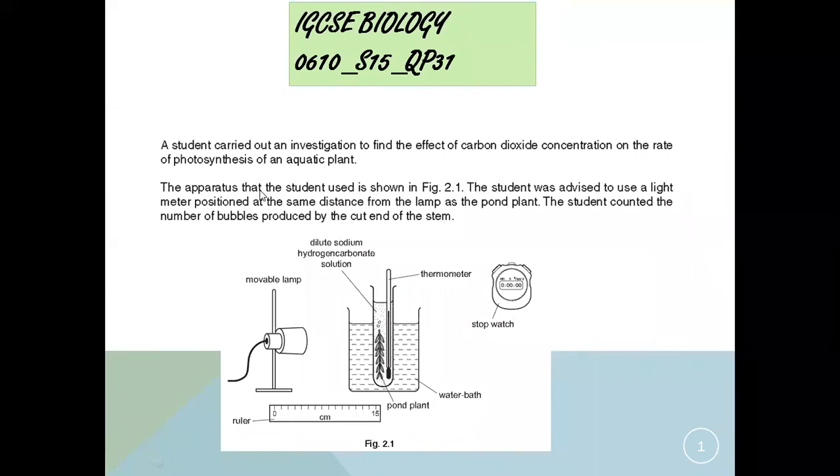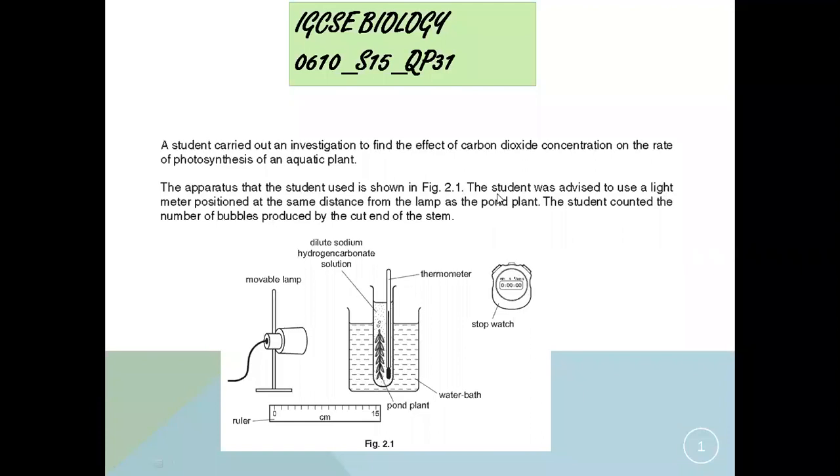A student carried out an investigation to find out the effect of carbon dioxide concentration on the rate of photosynthesis of an aquatic plant. The apparatus that the student used is shown in figure 2.1.